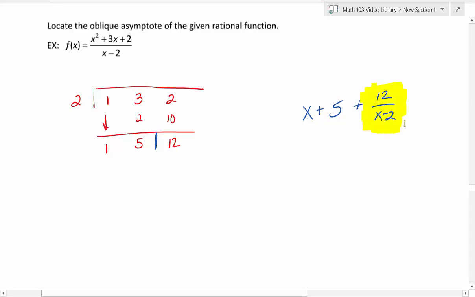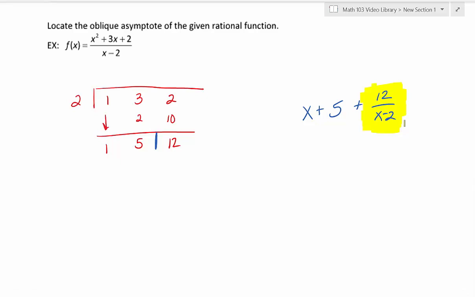Think about what happens to this remainder as x approaches infinity. As we plug larger and larger values in for x, the numerator is going to stay 12, but the denominator is going to become a larger and larger number.